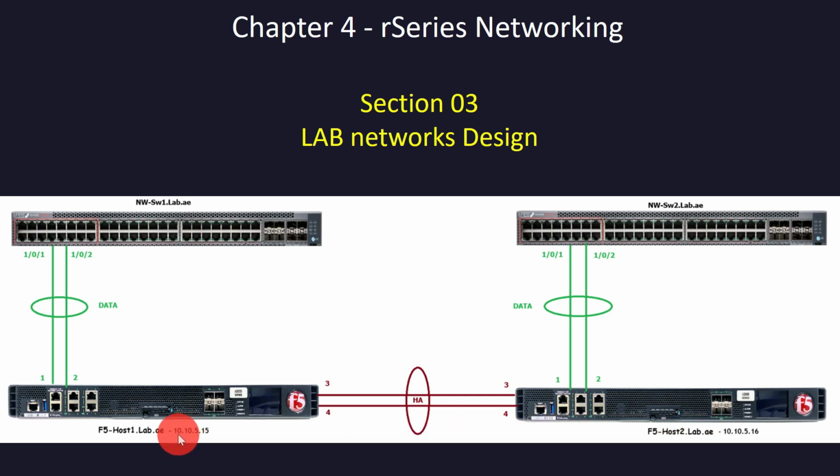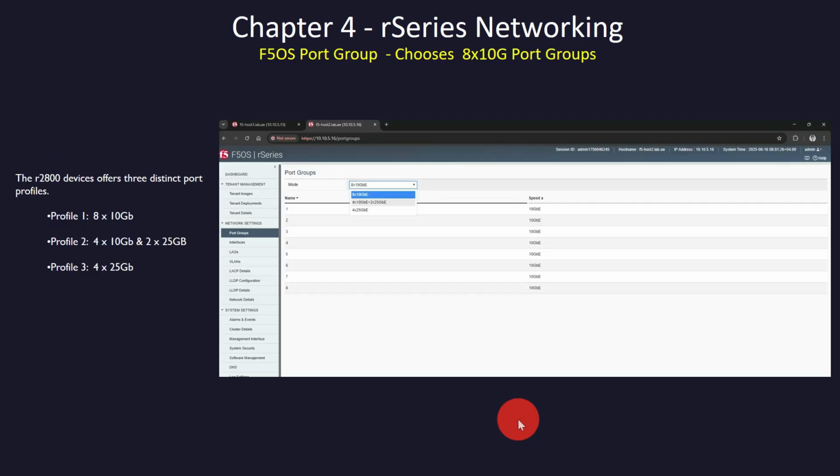We have configured the management IPs 10.10.5.15 for host 1 and 10.10.5.16 for host 2. We used the 8 and 10 gig port group profile, which allows each port to function at 10 Gbps speed.